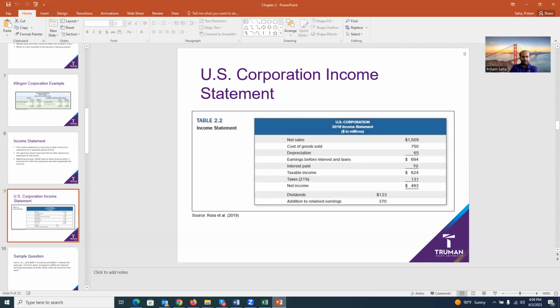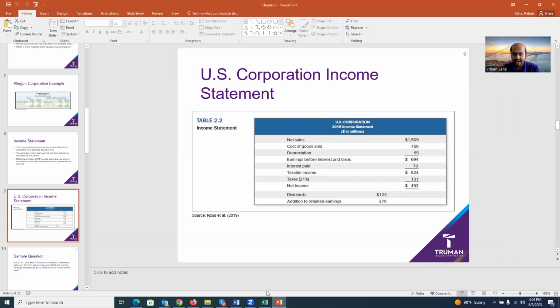Now, a very important thing. When a firm has a net income, from the last class, after paying tax to the government, they can do two things. They can either share with the stockholders, or they can keep it within the firm.